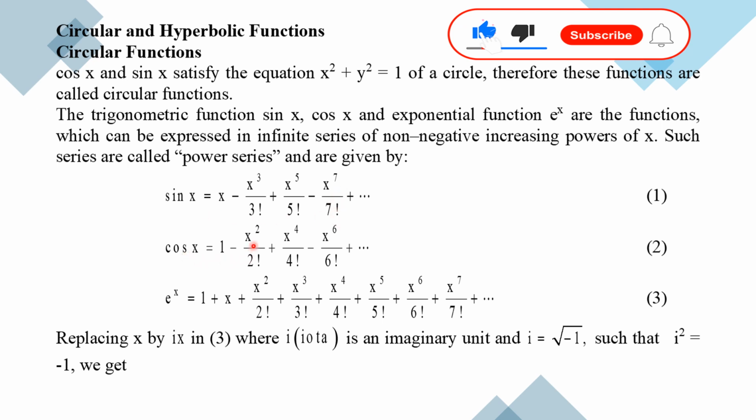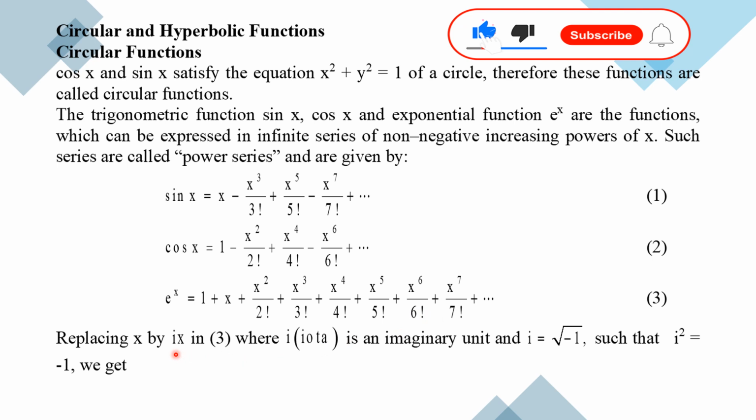Cos x is 1 minus x squared over 2 factorial plus x to the 4 over 4 factorial minus x to the 6 over 6 factorial. The e power x series is 1 plus x plus x squared over 2 factorial plus x cubed over 3 factorial plus x to the 4 over 4 factorial and so on.